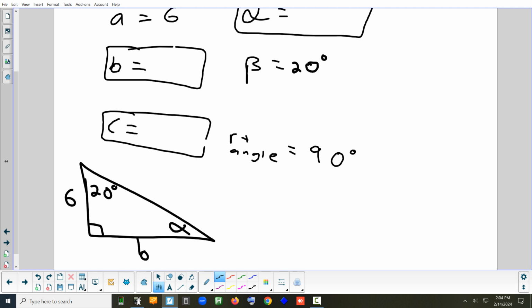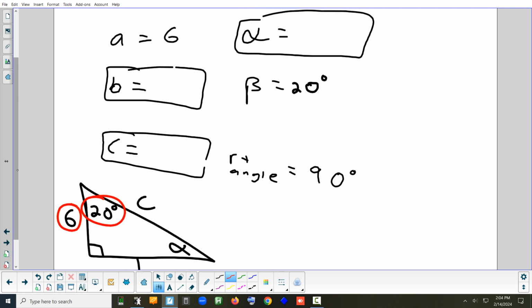These problems could be radians or degrees, but all the ones that we do will be degrees. And what about C? How much is that one? We don't know. Okay, so these are the two important pieces of information that we're going to use to figure everything else out.